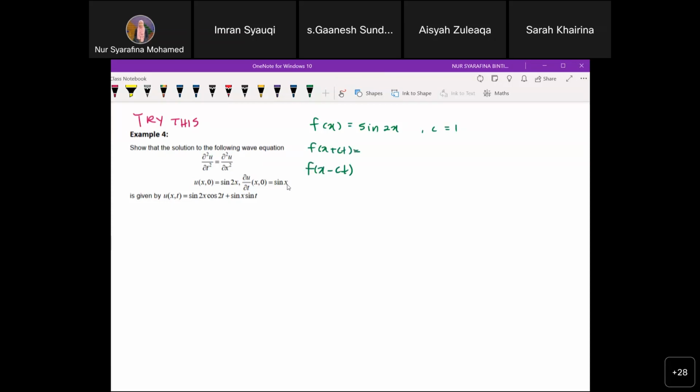So here is sine 2x plus 2t. Okay, because sine 2x plus 1t, right? So we have sine 2x plus 2t.